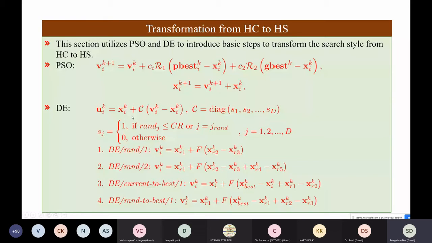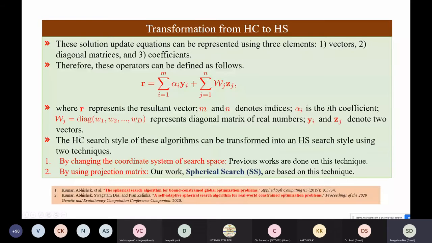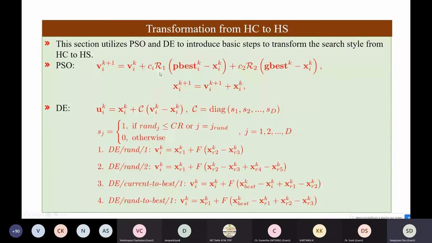Now, these solution update equations can be represented using three elements: vectors, diagonal matrices, and coefficients. So we can represent the two equations from two very different metaheuristics in a single manner.